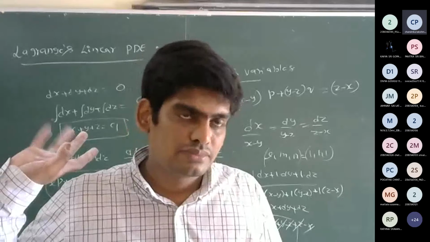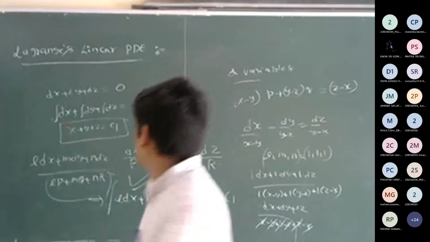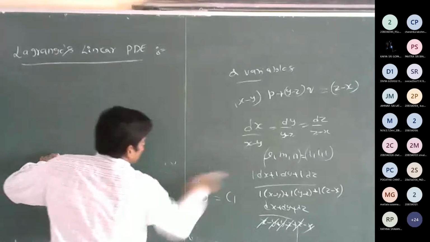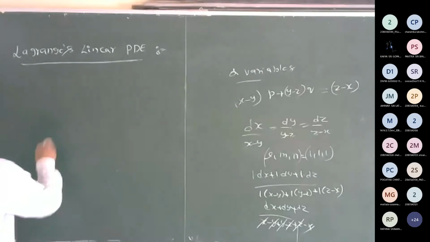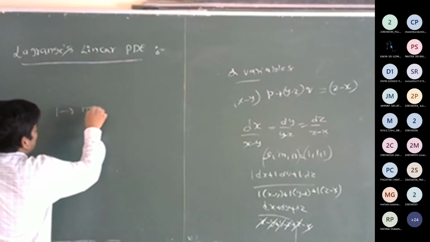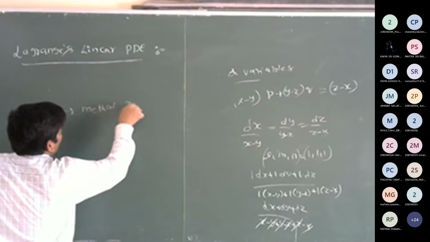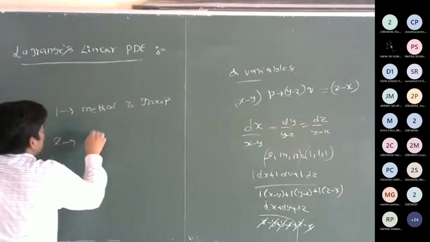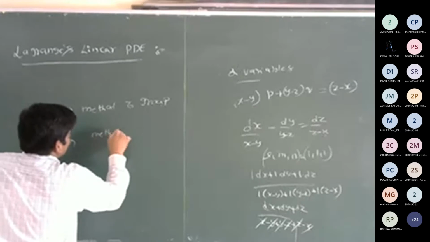Next, coming to Lagrange's method of mixing. One solution is obtained by using the method of grouping, and the second solution is obtained by using the method of multiplication.